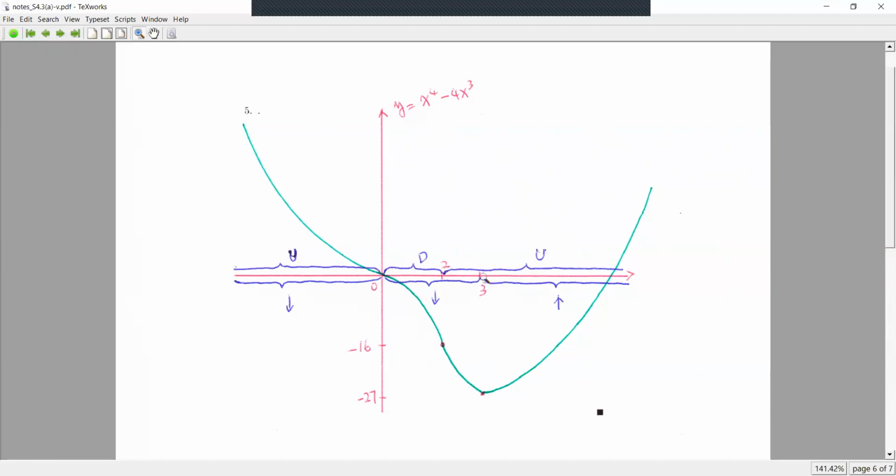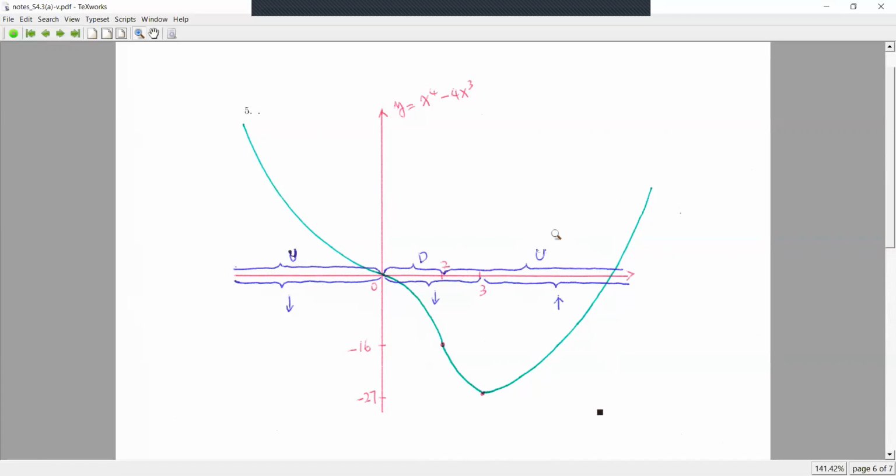Now, the last piece of the graph from 3 to positive infinity. The graph is concave up, increasing. Now, starting at this point, draw a curve, concave up, and increasing. So this is the graph of this function.